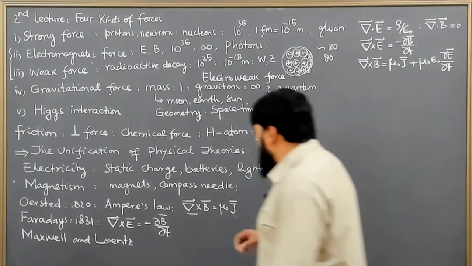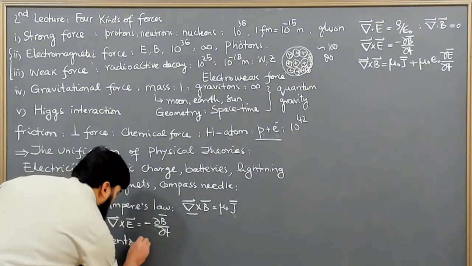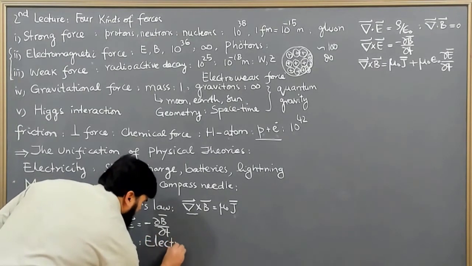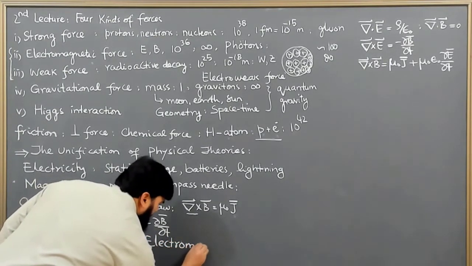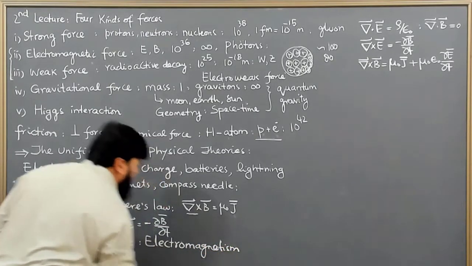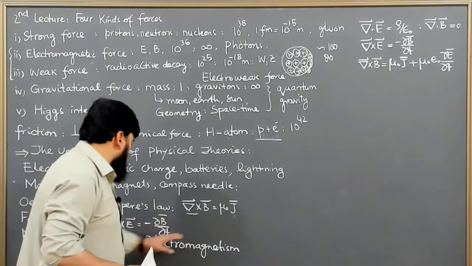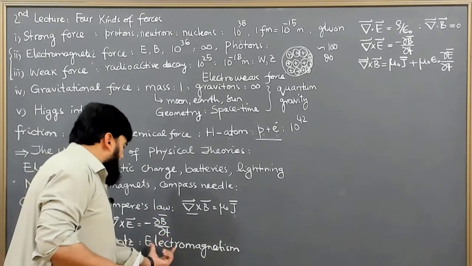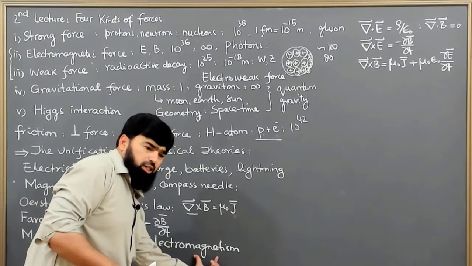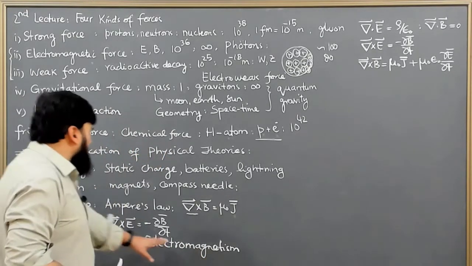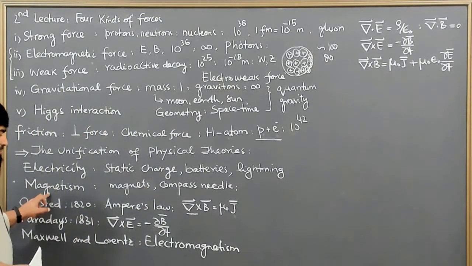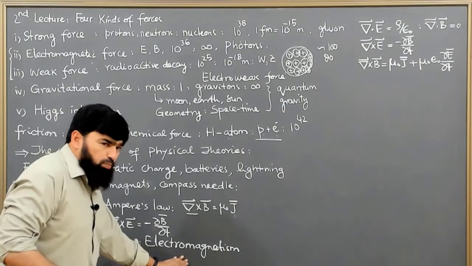Here, the name electromagnetism means that electricity and magnetism were unified into the term electromagnetism after Faraday's equation, since they now share the same source, and they are no longer different subjects like electricity and magnetism, but electromagnetism.